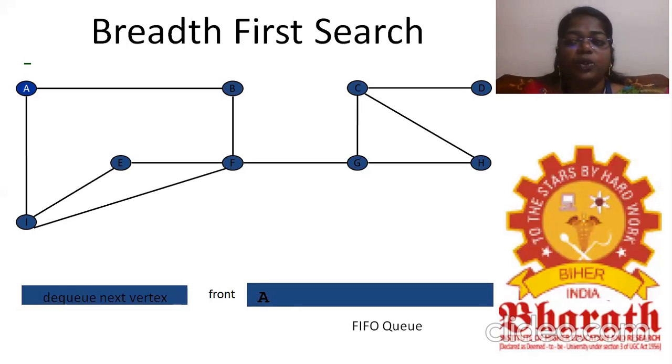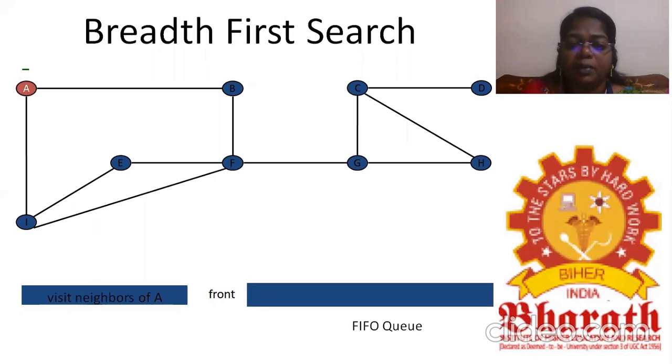Next, we have to dequeue the vertex available in the FIFO queue and find the adjacent or neighbor vertices of A. When dequeuing a vertex, I have marked its color as red to identify which node we are working on. So here A is marked red and we are going to visit the neighbors of A.